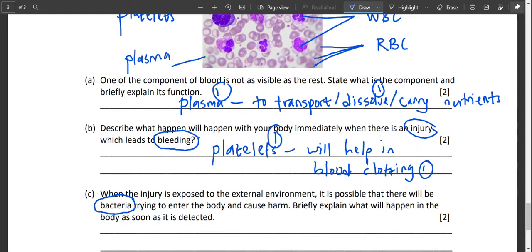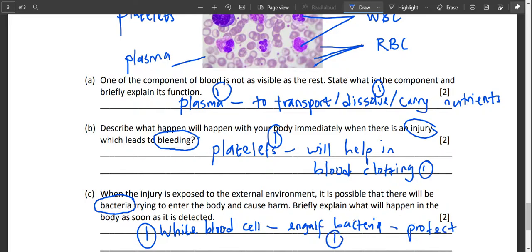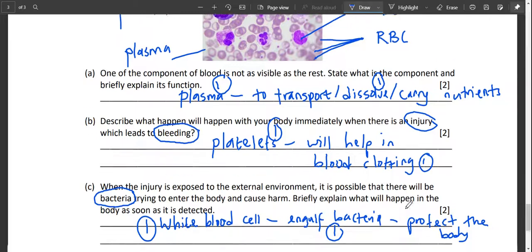There will be white blood cells, and the white blood cells will kill or engulf bacteria, and this will protect the body. So the two things I'm looking for are white blood cell, and second is to engulf bacteria or to protect the body. That's how you get the 2 marks.